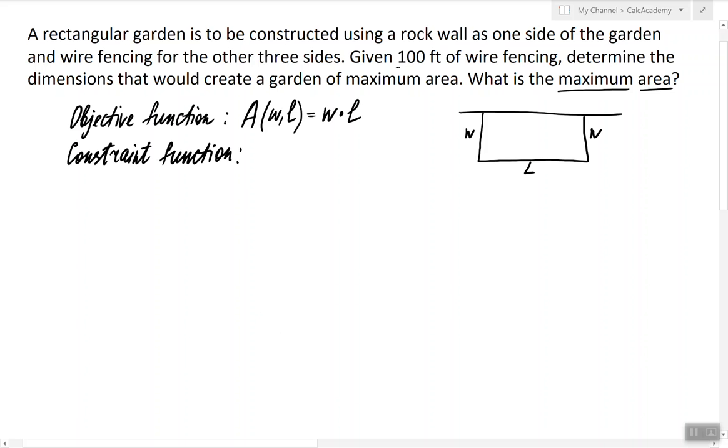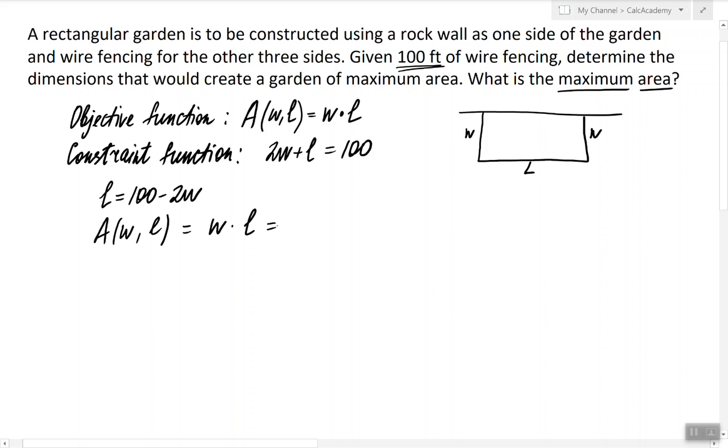It's this. The total length is 100 feet. So that means 2W plus L is equal to 100 feet. So now, using the constraint, I can isolate L in that equation. And now I can take my expression for the area that I'm trying to maximize, and in that expression I can replace L with the equivalent expression.